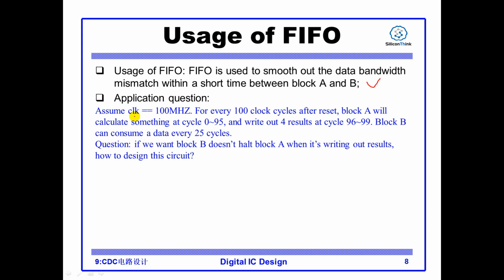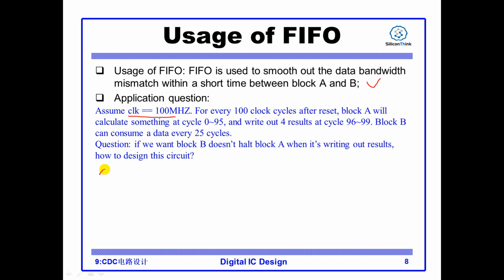For example, we assume the clock frequency is 100 MHz, and for every 100 clock cycles after reset, block A will calculate something in cycles 0 to 95 and write out 4 results at cycles 96 to 99.